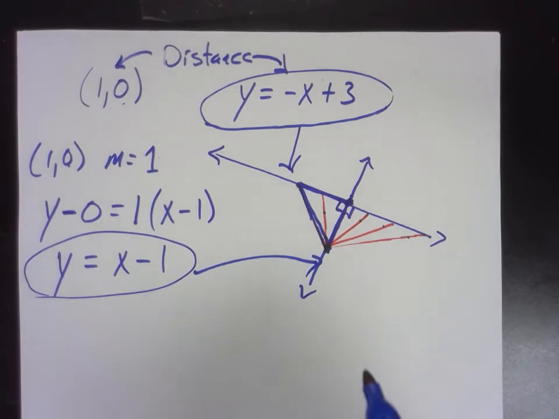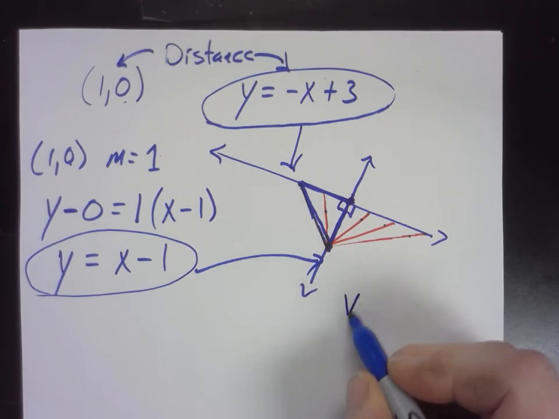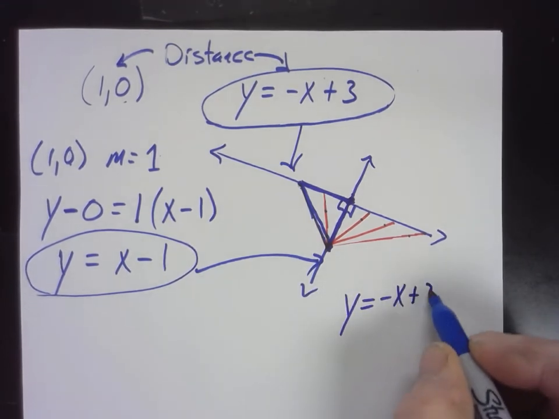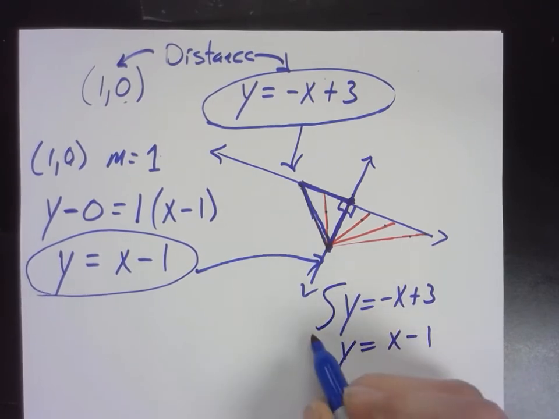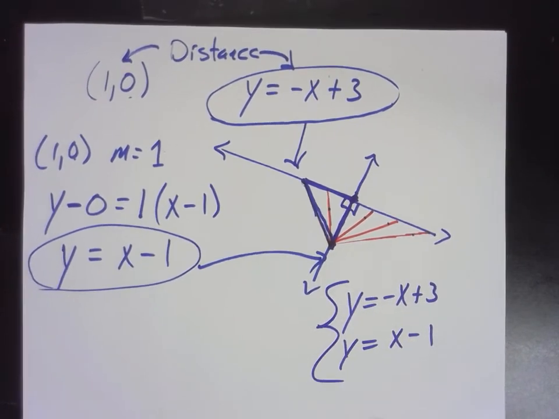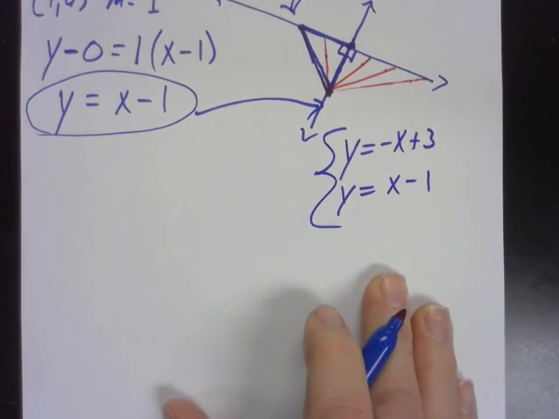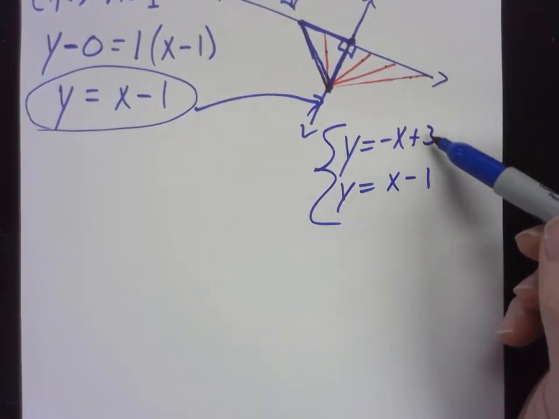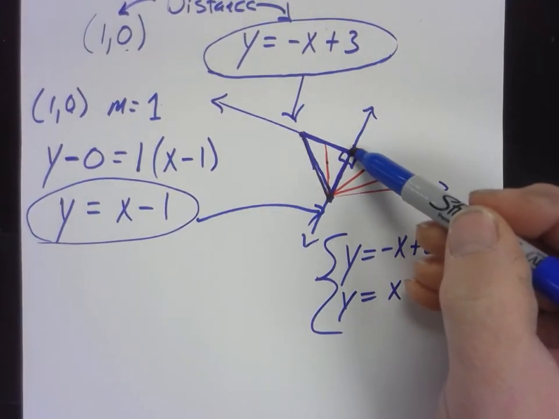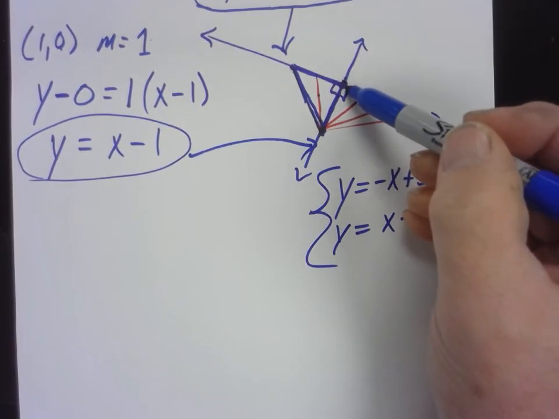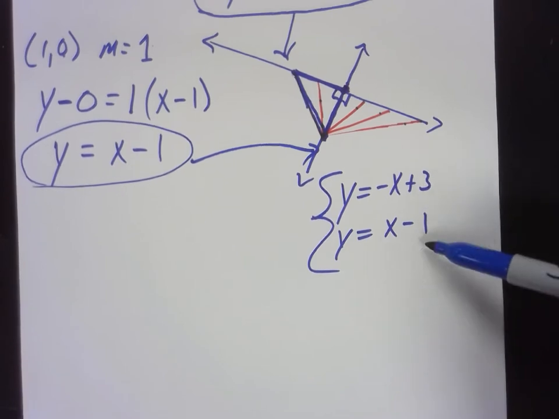So if we look at the equations like this, as a system of equations, that intersection, this point right here, is the solution to this system, isn't it?